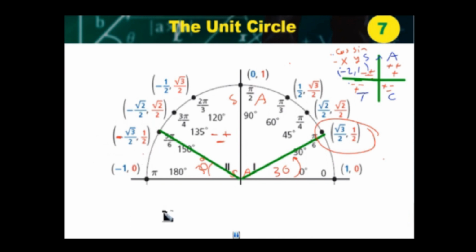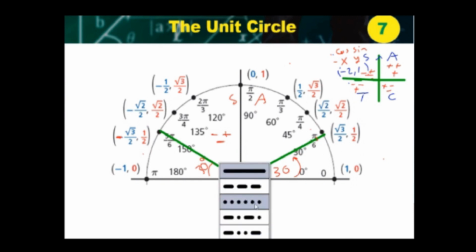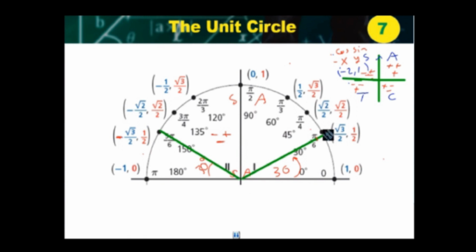That's one way to do it. The other fun way to do it, I think for me, I'm going to call it fun, is actually to use your geometry brain side, which means the reflection and the rotation and things. So for the 30, for example, the 30 is an exact reflection of 150.